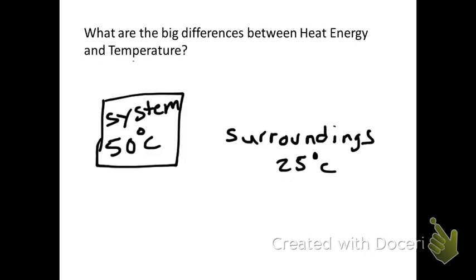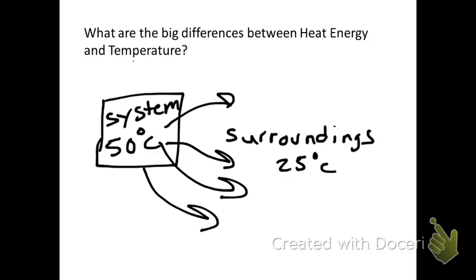And so in this case, because the system is 50 degrees C, which is a higher temperature than the surroundings at 25 degrees C, energy is going to be transferred to the surrounding environment. And that transfer of energy is known as heat energy. So heat energy is going to move from the system to the surroundings, in this case because the surroundings has a lower temperature than the system.